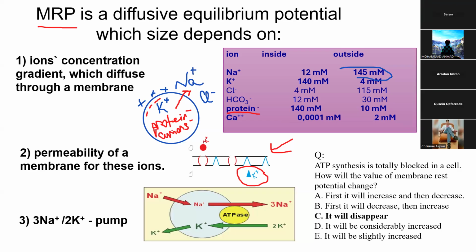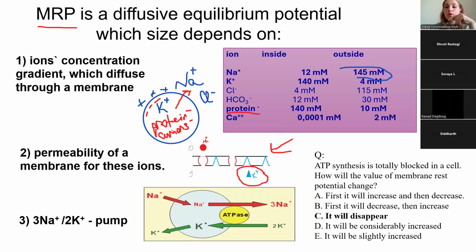If potassium channels are more open, more potassium moves outside, and inside will be more negative charge. If there is more negative charge, it means that the level of MRP will grow. For example, from minus 60, more negative, it will be minus 70 or minus 80. It means that MRP will grow.